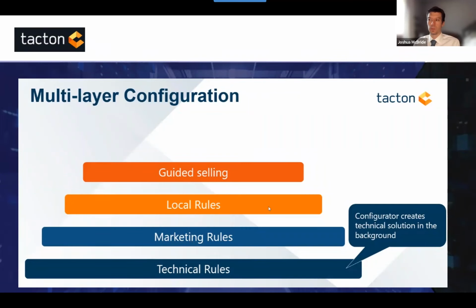You can have local rules, whether that's state regulations, or if you're selling across the world, regulations based on what country it's going in. And then you can also have guided selling, once again due to optimization, whether that's through best price or best performance, things like that. All these things work together to produce a result.